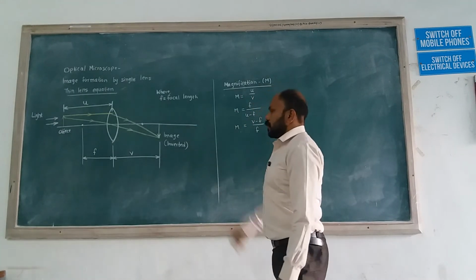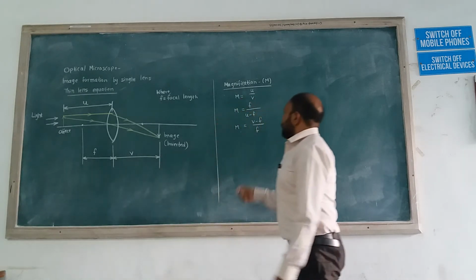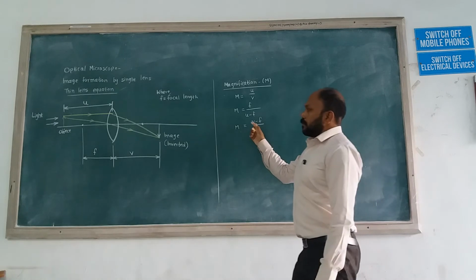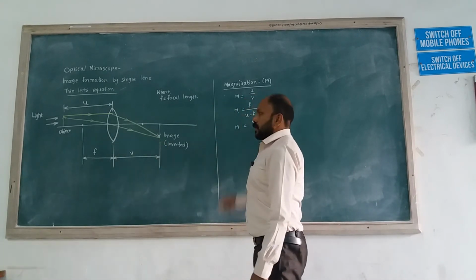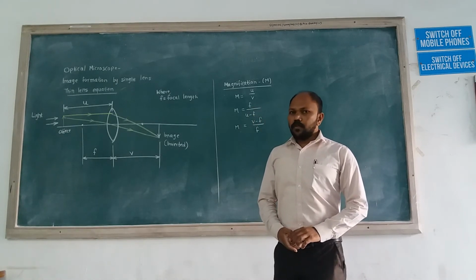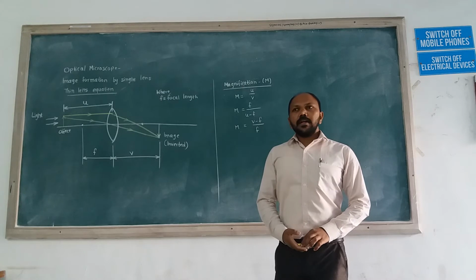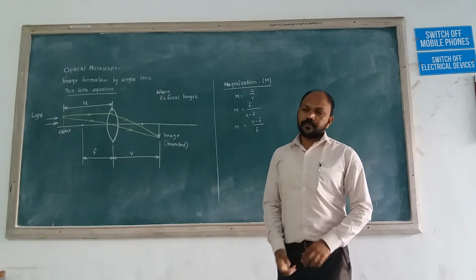Next, in terms of v, m is equal to v minus f divided by f. So by using these formulas, we are able to get the magnification of images.